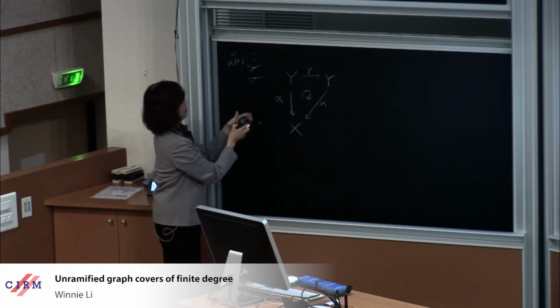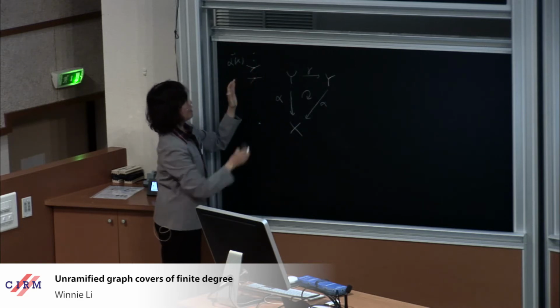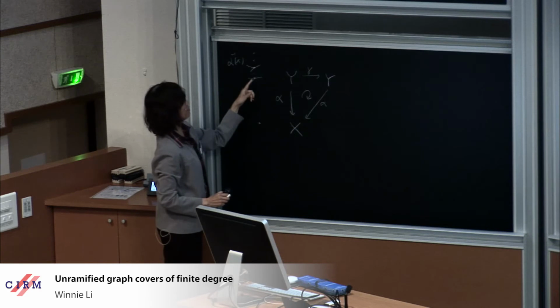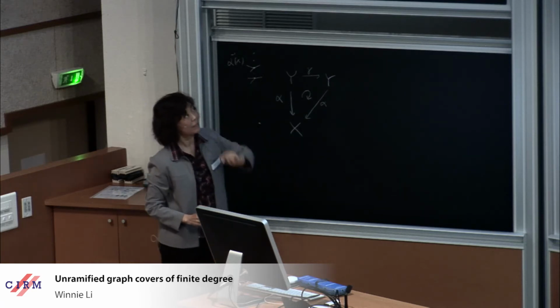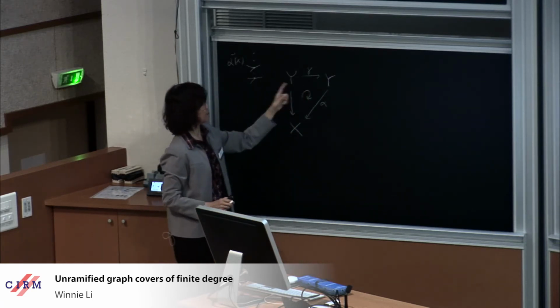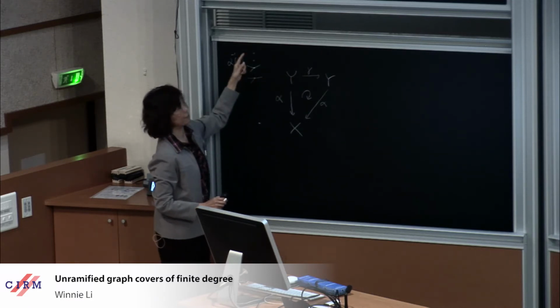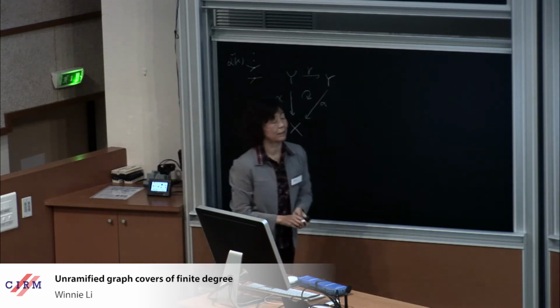And so we know how the neighbor points should go, and then we propagate because the graphs are connected. Once you know where this one point goes, then you know the rest. So a graph automorphism is determined by its action on one fiber. It can be any fiber because the graph X is connected.